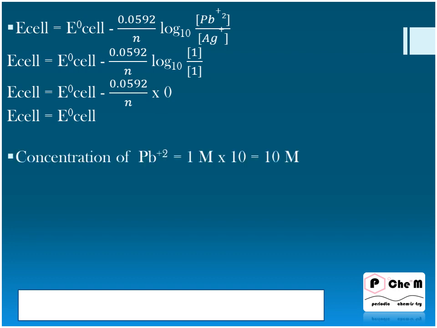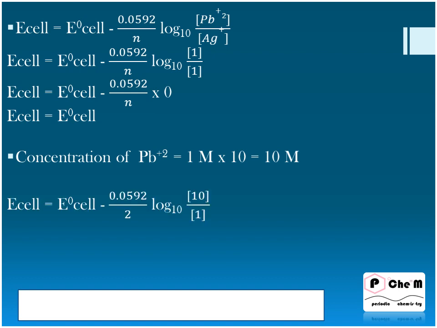Now let's calculate when the concentration of Pb plus 2 is increased by a factor of 10. The original concentration is 1 molar and increased by a factor of 10, so we multiply it by 10 and we get our new concentration as 10 molar, while the concentration of Ag plus remains 1 molar as it is. Now let's again plug the values in the same equation.